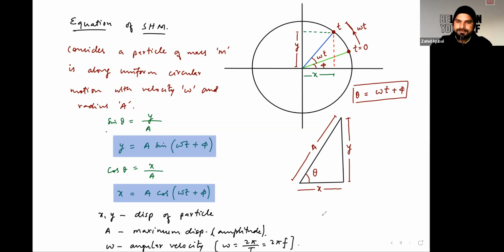And theta, which is equal to omega t plus phi, is called phase. So if you put t equals 0, theta naught will equal phi. This is called initial phase.